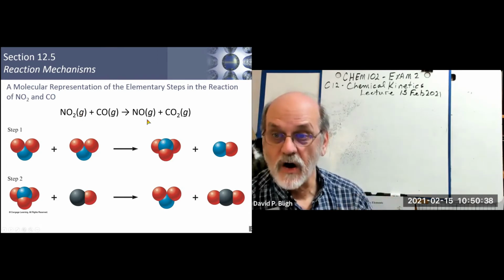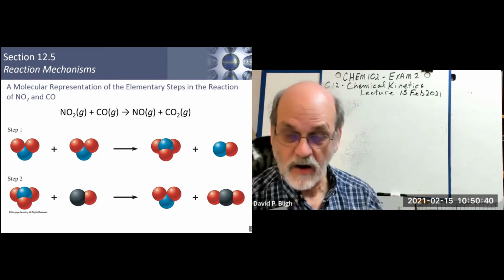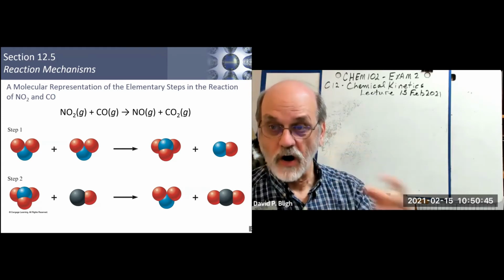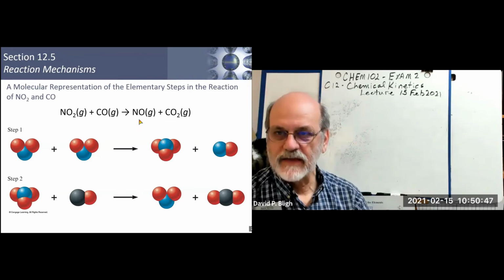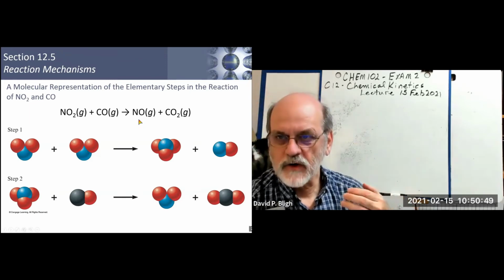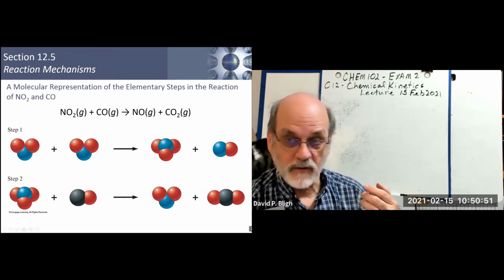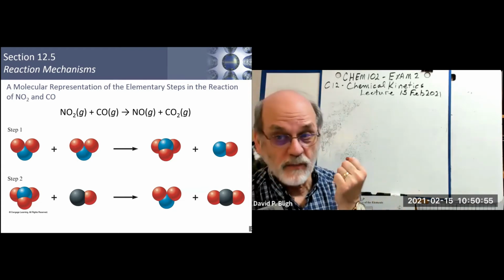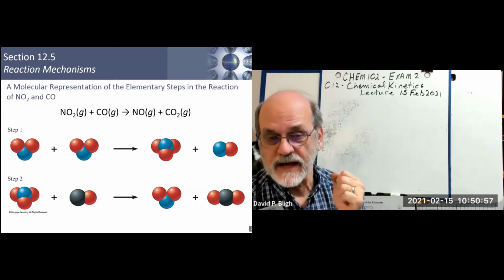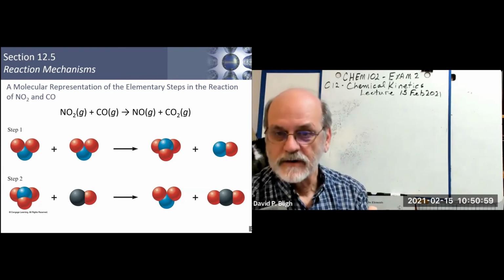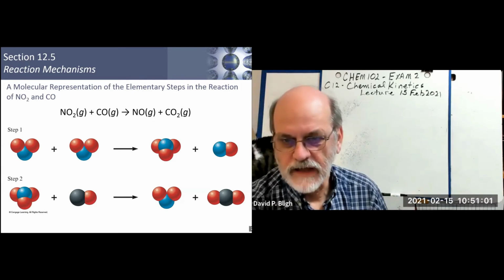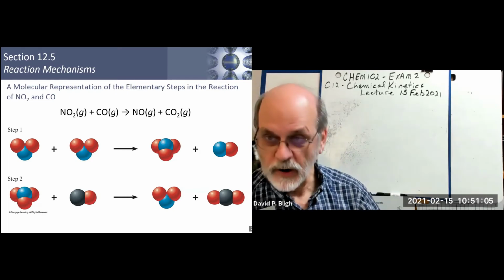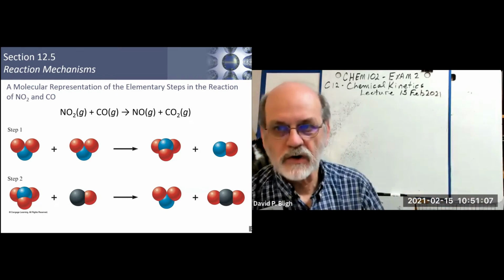That's Hess's law. Remember Hess's law. You can add equations together to get your target reaction. And then with Hess, of course, we were trying to determine the enthalpy of the reaction. But the same rules still apply, even with elementary steps. They have to add up to the overall reaction. That's rule number 1. If they don't do that, and you've proposed it, throw it out. It's no good.